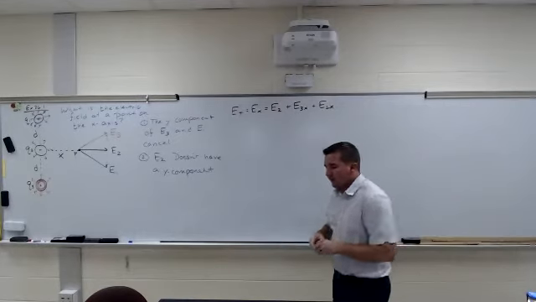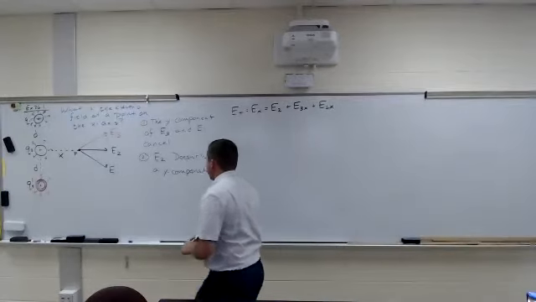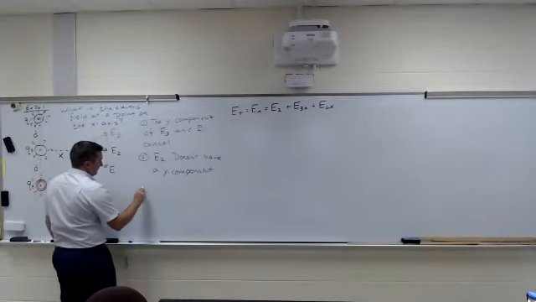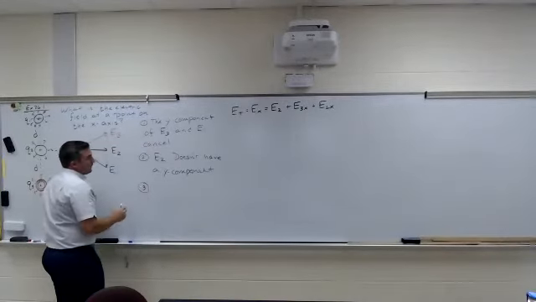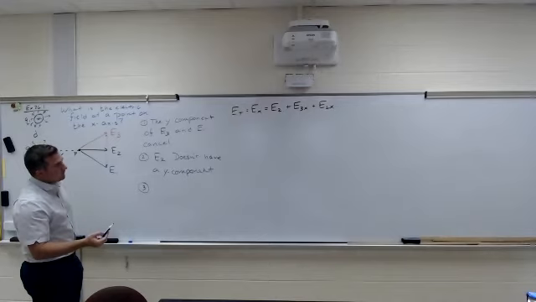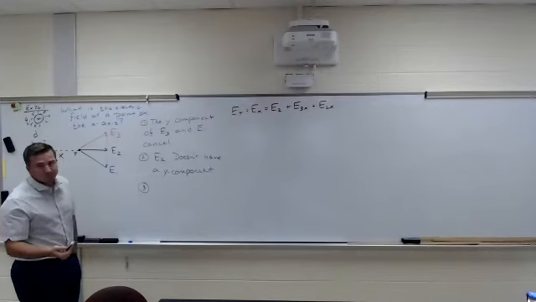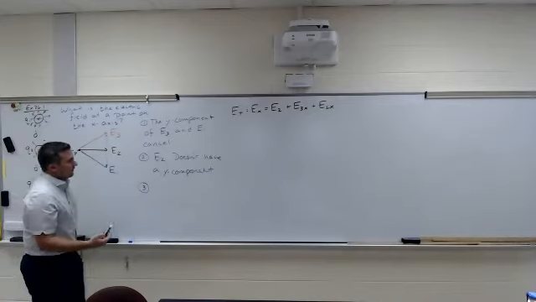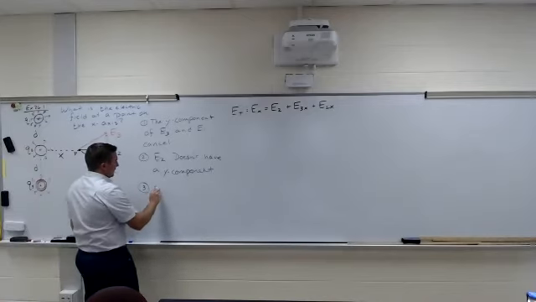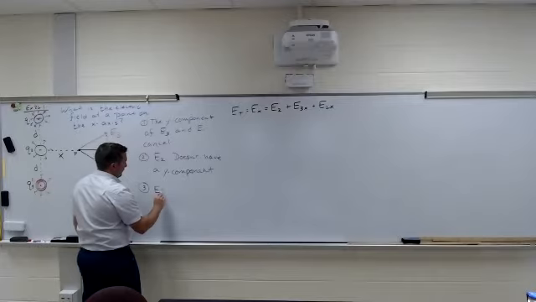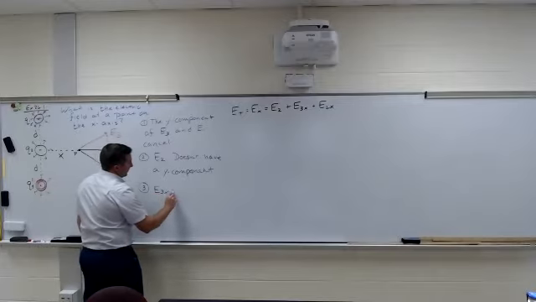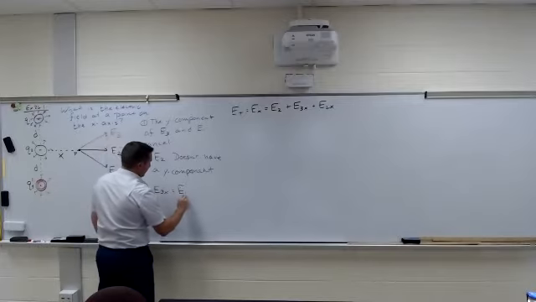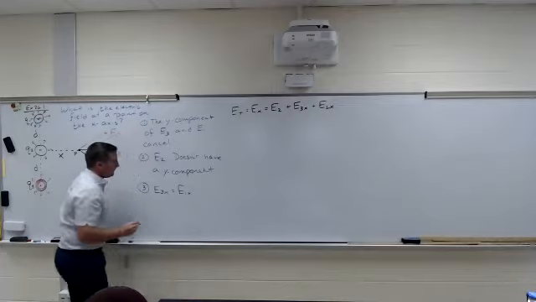All right, we can do one more thing to simplify this for us. The x component from E3 and the x component from E1 will be the same, because they're at the same angle and they have the same value of charge. So E3 in the x direction is equal to E1 in the x direction.